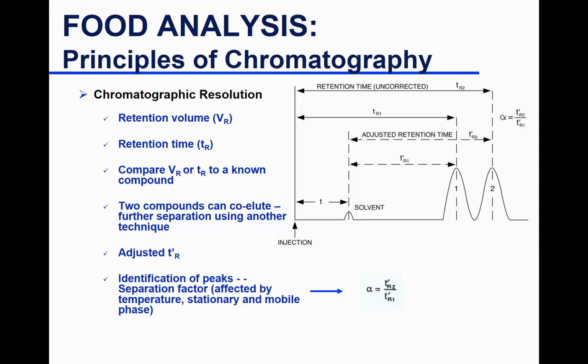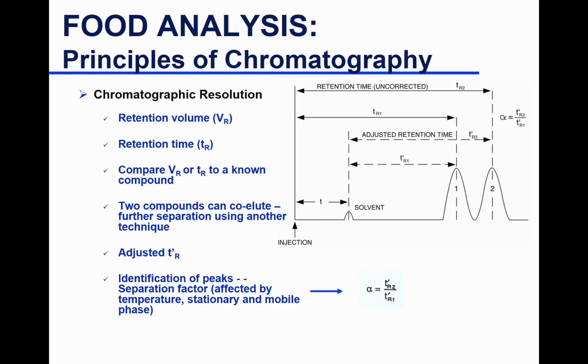Identification of the peaks is really dependent on the separation factor, the alpha, which is basically the ratio of the adjusted retention time of peak 2 to adjusted retention time of peak 1. So the larger the alpha, the better the separation. The longer the adjusted retention time of peak 2 compared to peak 1, the better the separation.